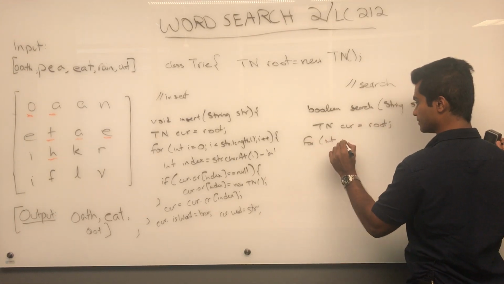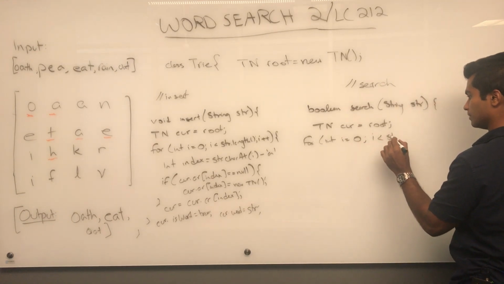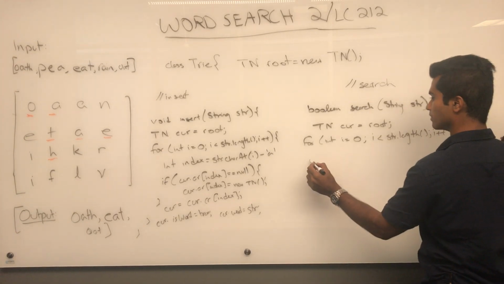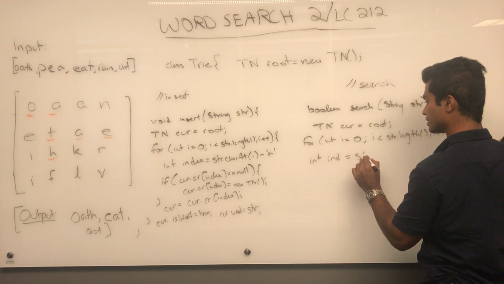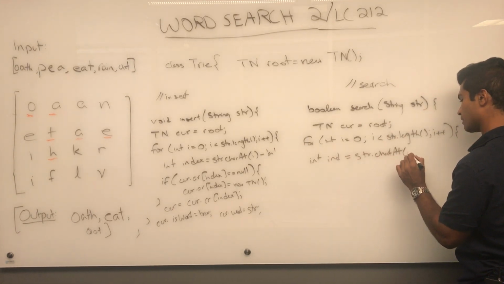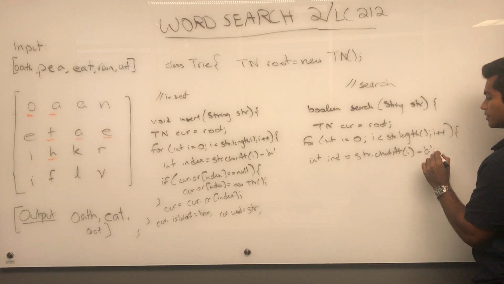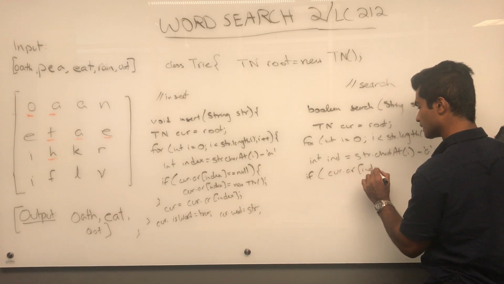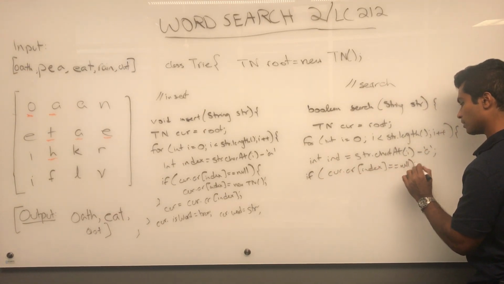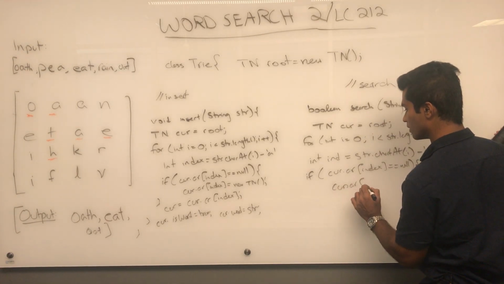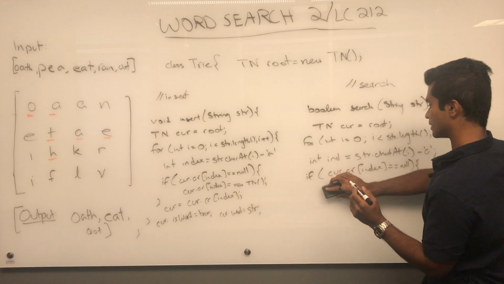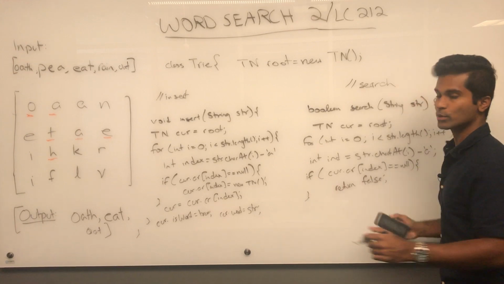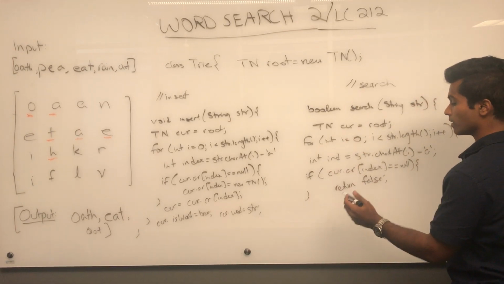For int i equals 0, i less than str.length, then we have int index is str.charAt(i) minus A. If cur.ar of index is null, then we return false, because what that means is whatever word we're trying to find is not in our trie data structure.